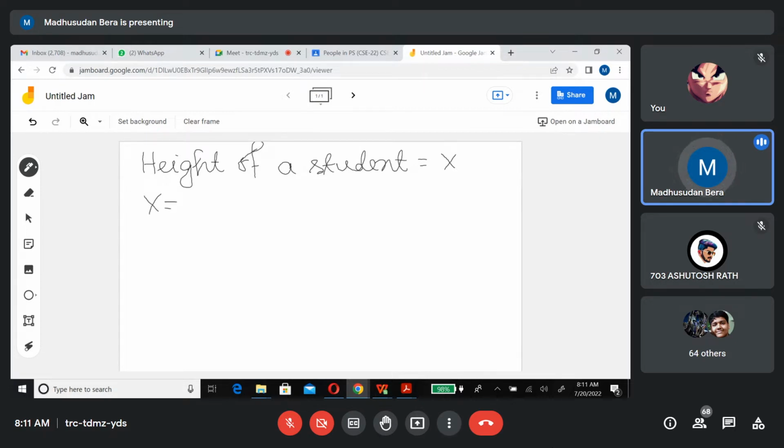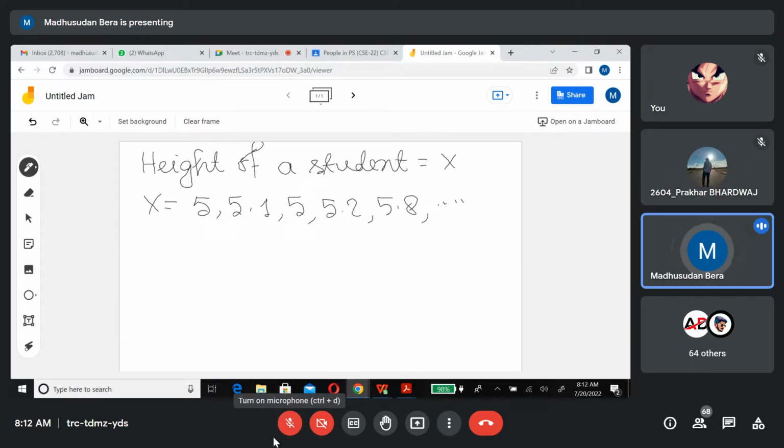For different students the value will be different. For someone it is 5, someone 5.1, someone again 5, for someone it is 5.2, 5.8, that way. So height is a variable. Is that okay? What is a variable? Yes, sir. So that way we can enlist the height.